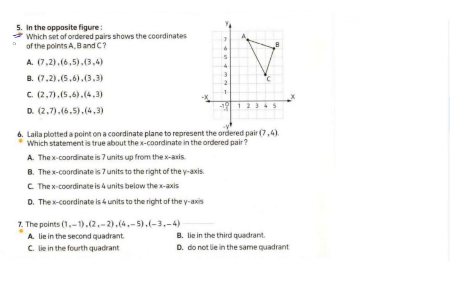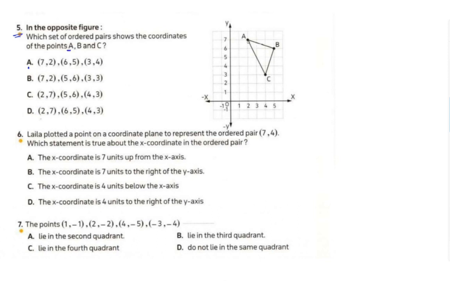Let's continue. Question 5. In the opposite figure, we have some figure here. Which set of ordered pairs shows the coordinates of the points A, B, C? So I have 3 points here and I have 4 choices. Let's study each one of them. The first choice: A (7, 2).